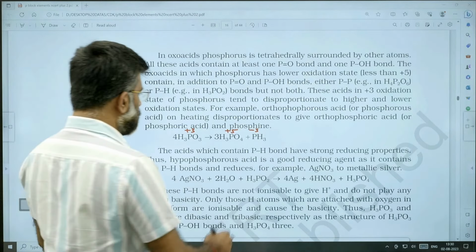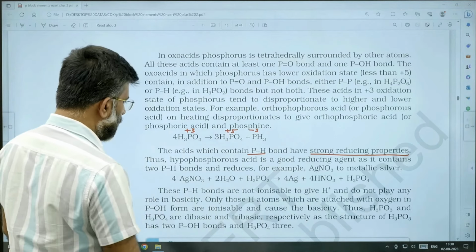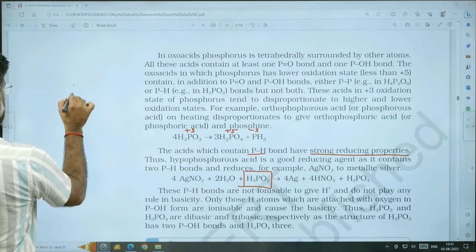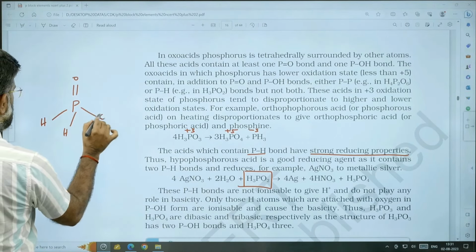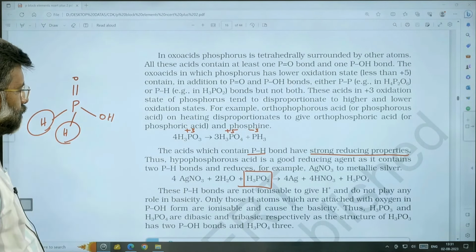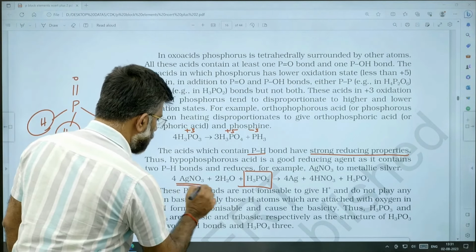The PH bonds are reducing in nature, and H3PO2 contains 2 PH bonds, already commented. This is H3PO2. There are 2 reducing hydrogens, and that can react with silver nitrate.